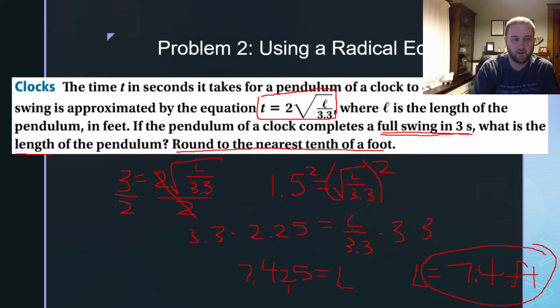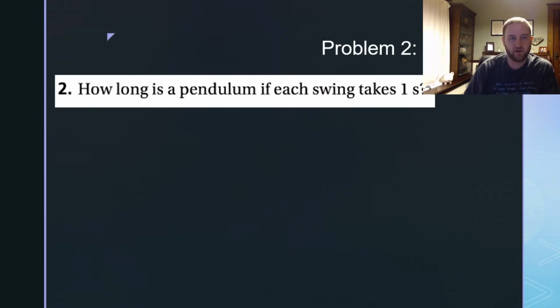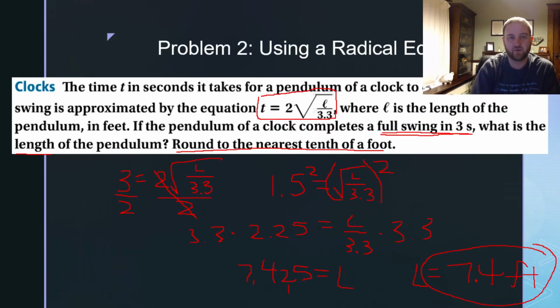Okay? All right. What I want you to do is go ahead and solve this one on your own. It says, how long is a pendulum if each swing takes 1 second? So again, instead of 3 seconds, the swing is 1. So you're going to plug 1 in for T here.